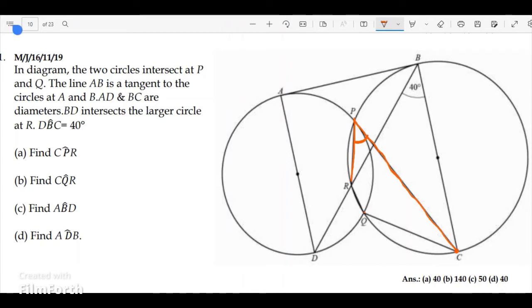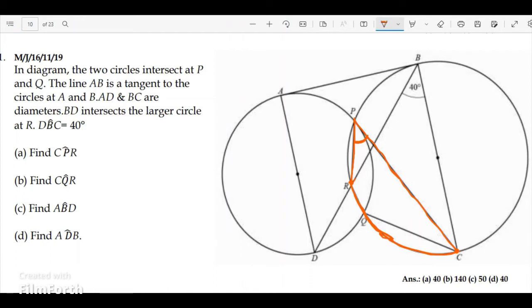So this C and R. So let's just see if this arc CR is making any other angle on this circle. By the way, this is the biggest circle that we are talking about.